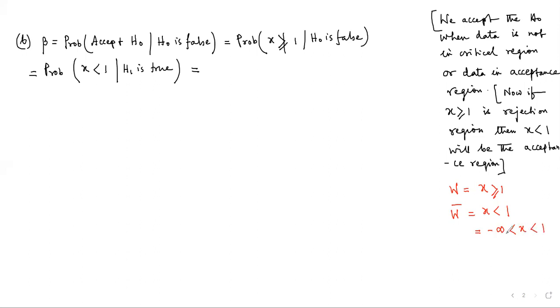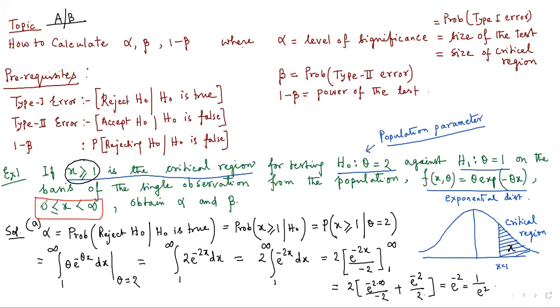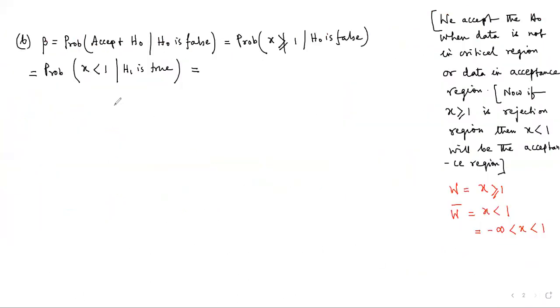But according to our problem, the probability function has a lower limit, which is 0. It cannot be less than 0. This is the bound defined for the kind of probability function that the population distribution is following. So this part will reduce to the probability that 0 less than or equal to x less than 1 when H1 is true.